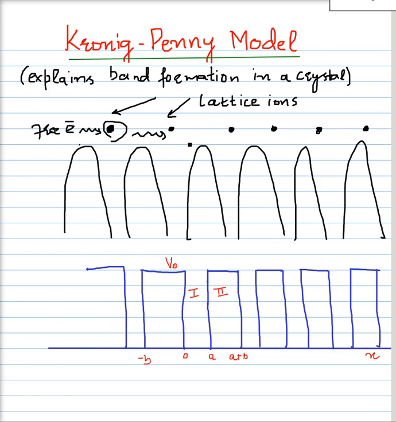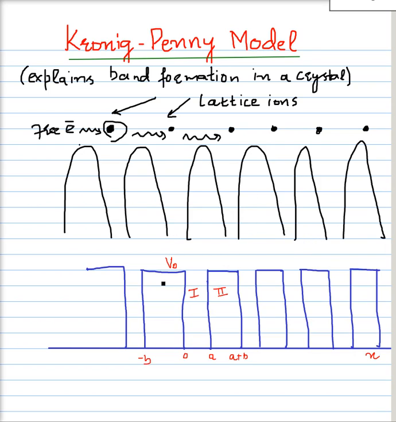So in a sense, this electron, while moving through the crystal, observes a series of potential barriers placed at regular intervals in the crystal along the three dimensions. The author has visualized these potentials offered by these ions as potential wells, which have been marked here by an inverse parabola.